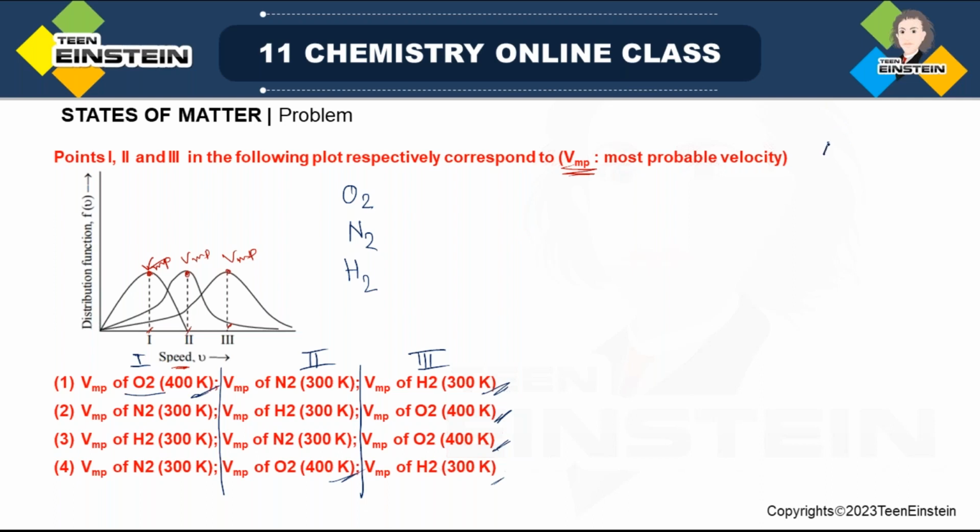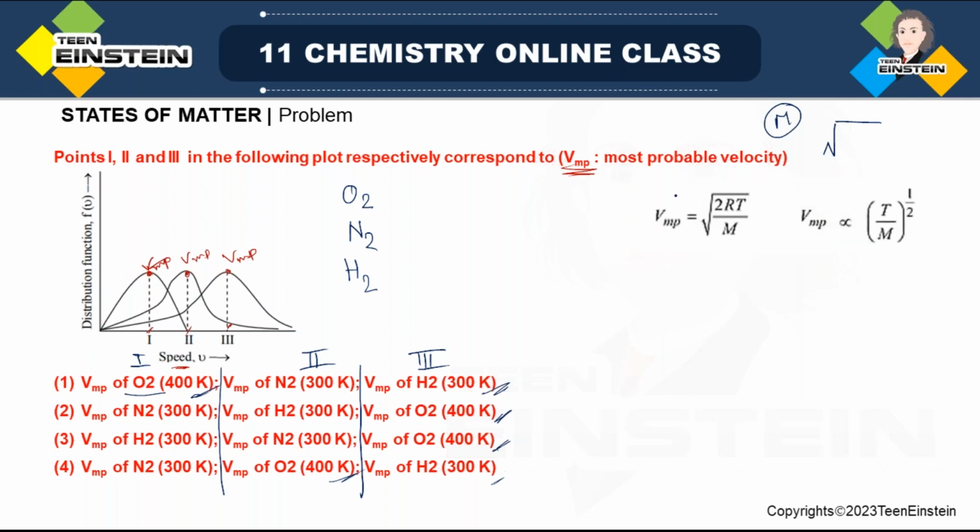Remember, it is root over 2RT by M, or in terms of Boltzmann constant, you can consider 2kT by small m. But most of the time you will see 2RT by capital M, because with molar mass you can easily calculate. For a single molecule's mass, you have to divide by Avogadro's number. So better you use 2RT by M.